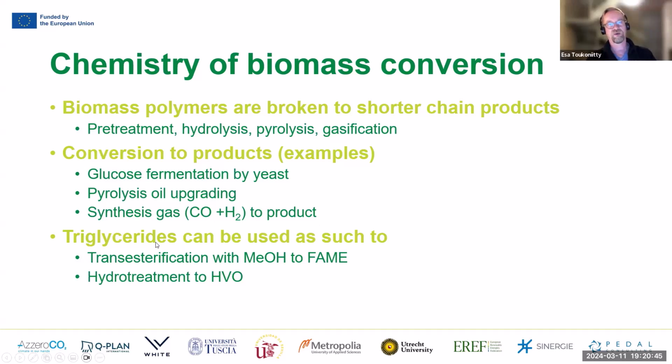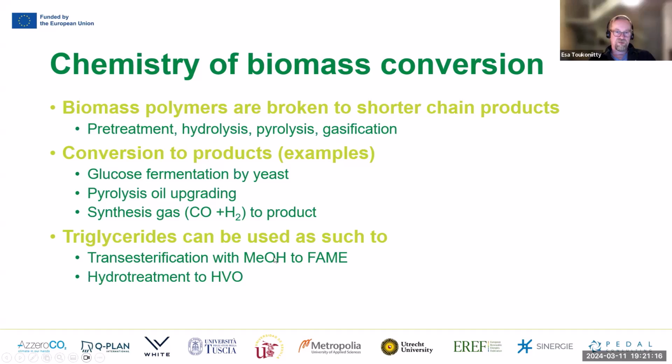Then triglycerides, so these fats and oils are a little bit different. They don't require this breaking part to a similar extent. So if you already have the oil, you can do the transesterification reaction with alcohol, methanol, the cheapest one. It works with ethanol and other alcohols, and you end up with this biodiesel.